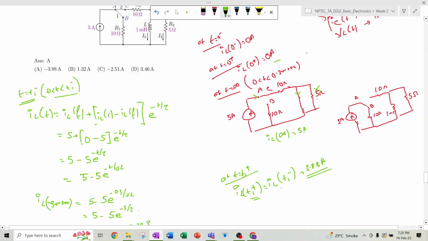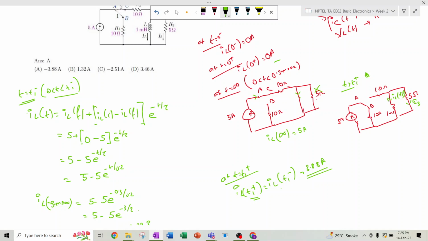So now it is t greater than t1, that means from t equal to t1 plus. IL at t1 plus we have already discussed, and the current flowing through this is I3.